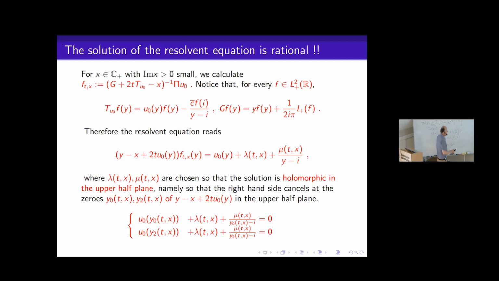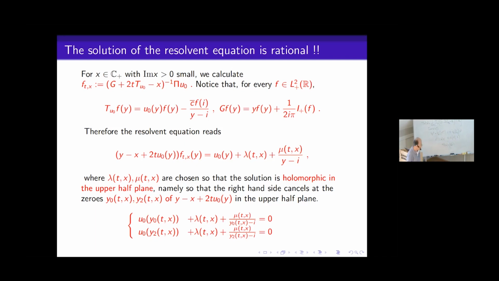Now you plug everything into the equation, and this is the equation. You get a rational function, and the constants here are unknown, which are fitted so that f is holomorphic in the upper plane, in the Hardy space. And this just tells you that this right-hand side should cancel when the left-hand side cancels. This is a 2 by 2 linear system that we can solve.